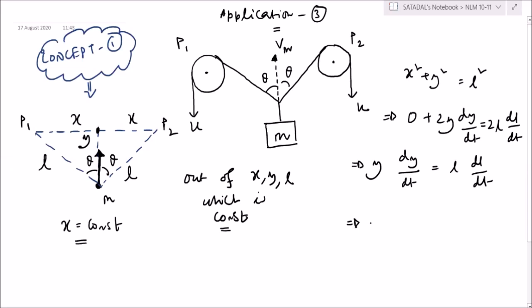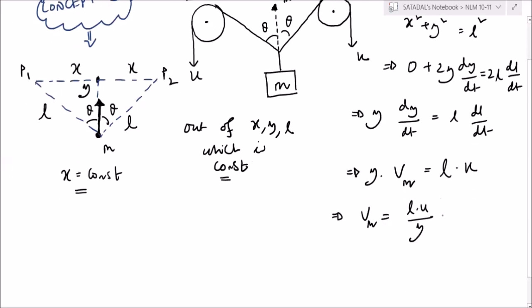So what is dy by dt? Dy by dt is nothing but Vm itself, the speed with which it is moving up. And dl by dt is what? The speed with which the rope is being pulled. So Vm is equal to L into u by Y, which can be written as u divided by Y by L. Y by L is cos theta. So Vm is equal to u by cos theta.